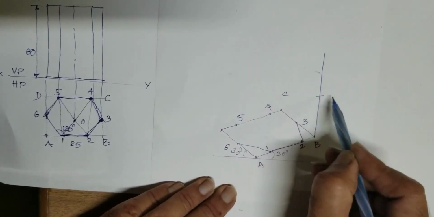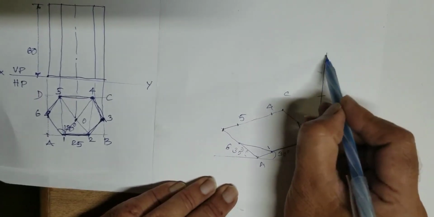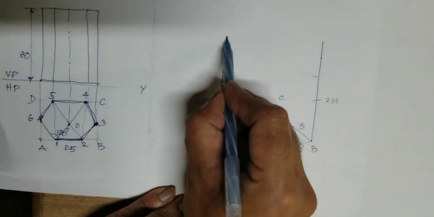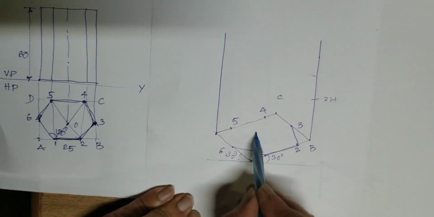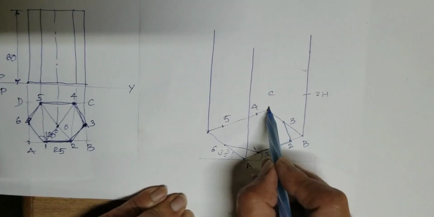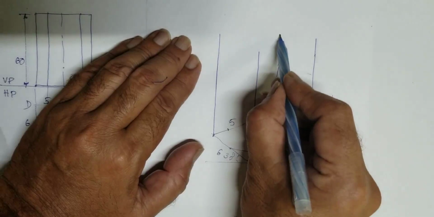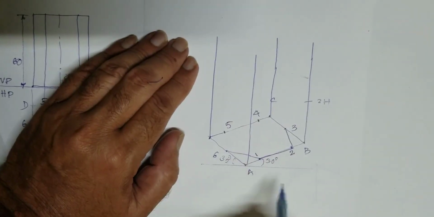Very light line with a 2H pencil you do it. 60 here, also 60 here, also 60 here, also 60 like this. Now it is 60.